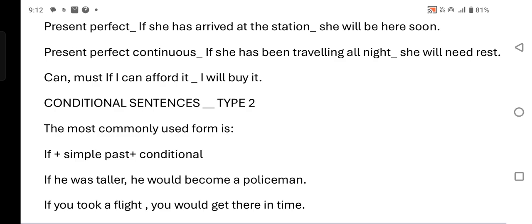If he was taller, to be form, was is be, was, been. If he was taller, comma, he would. Present tense uses will, now would. He would become a policeman. If he was taller, he would become a policeman.